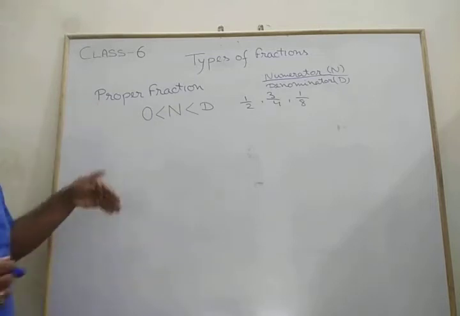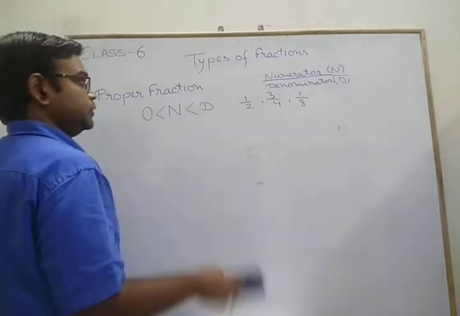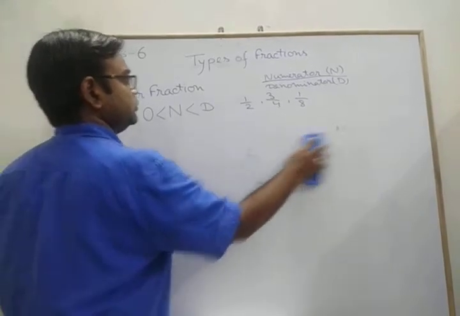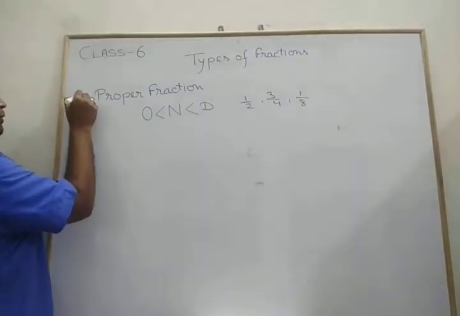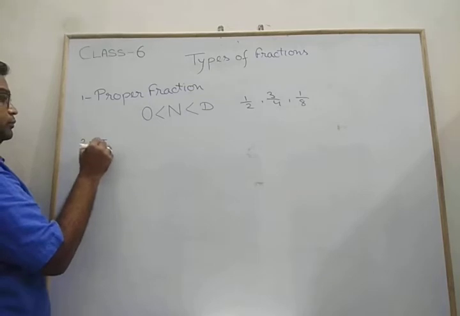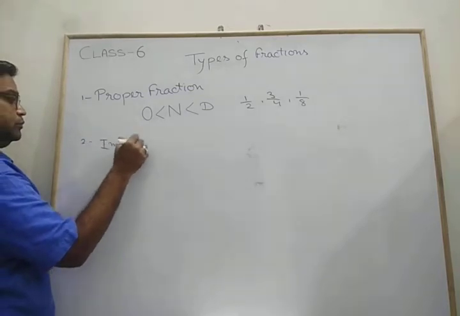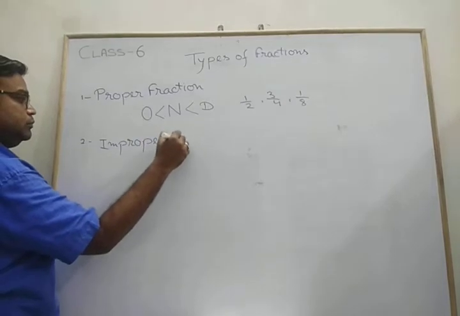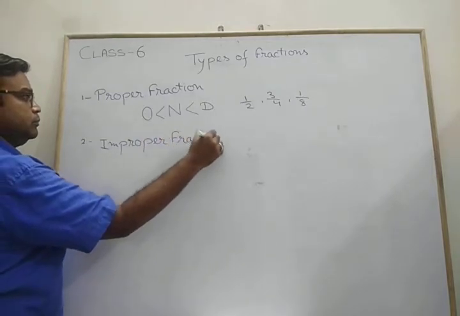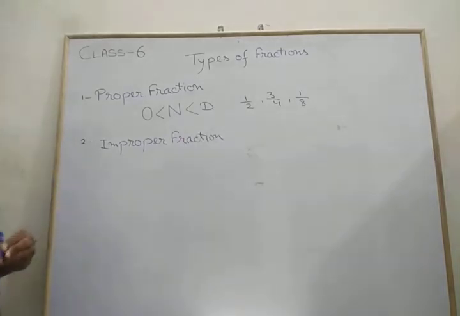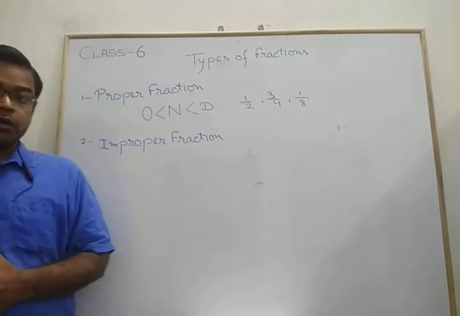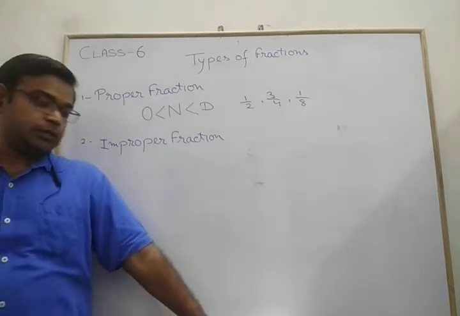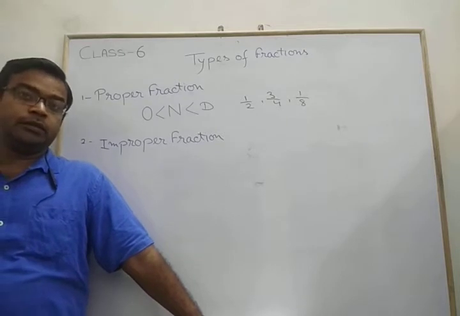Now the next one, just opposite to proper fraction, is the improper fraction. In an improper fraction, numerator is always equal to or greater than the denominator.